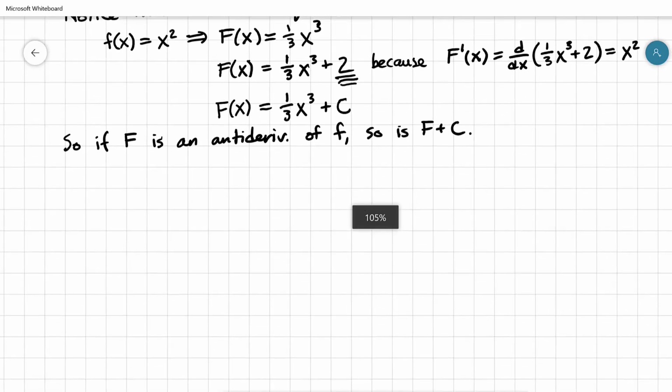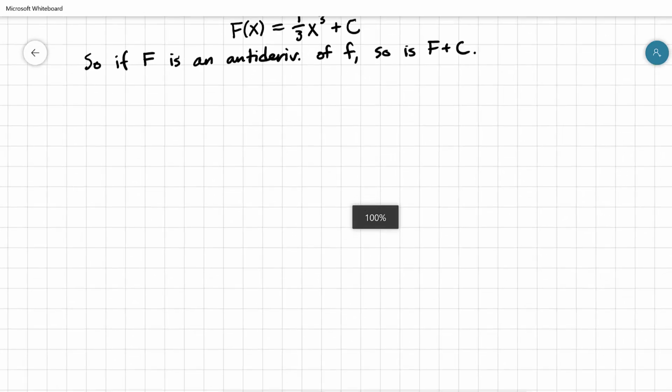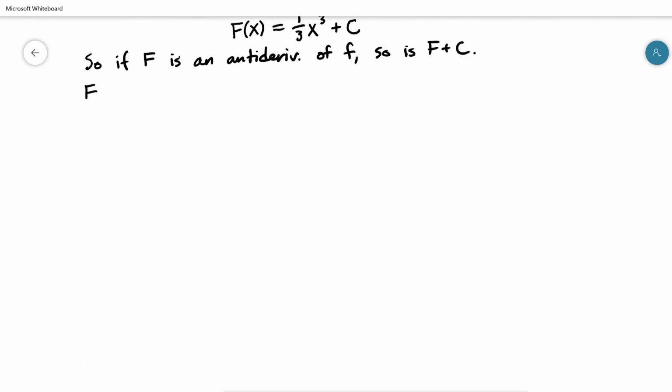So let's run through a couple more quick examples just to get a feel for it. And this is really going to be how well do you know your derivatives. Being able to compute an antiderivative is really a question of how well do you know your derivatives. We've got to kind of have a pairing where we know a function and its derivative, and we'll just think about that pairing in sort of the reverse order.